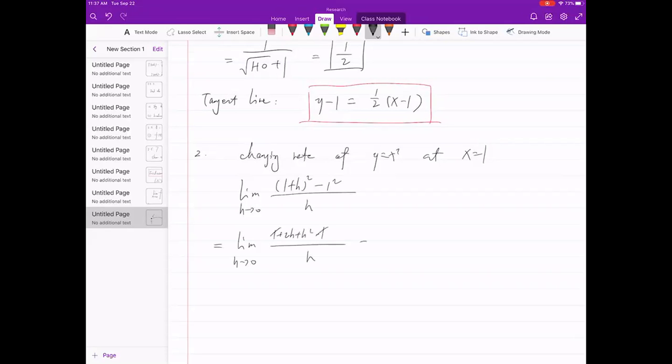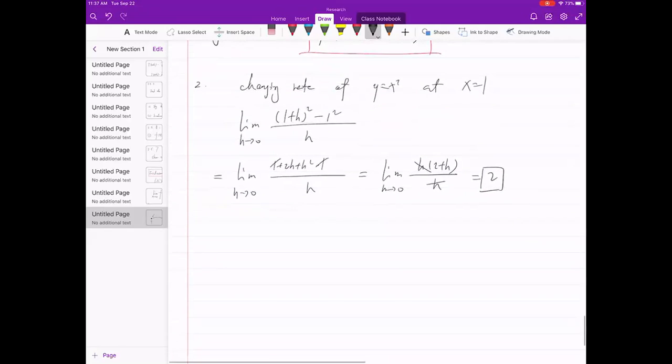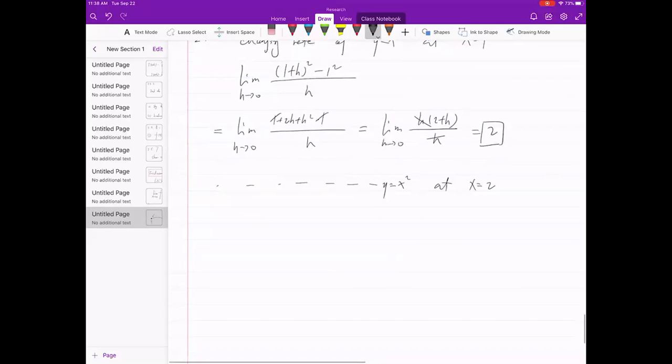Cancel, cancel. Plug in 0. It's 2. Easy. Now question. What's the changing rate of y equals x squared at x equal to 2? What do you do?